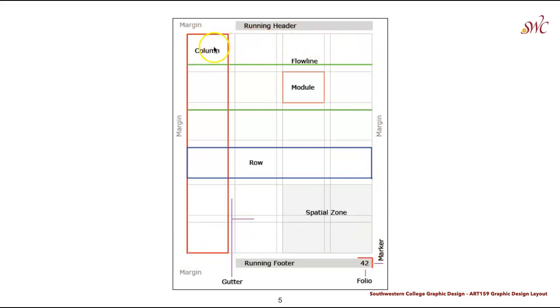Within the actual live area, you have your columns that run vertically within the space. You have your rows, which run horizontally, and those are separated by gutters, both vertically and horizontally, and create modules, which are those individual squares within the grid structure. And when we start to group these modules together, we see these larger spatial zones that we can also utilize within our designs.